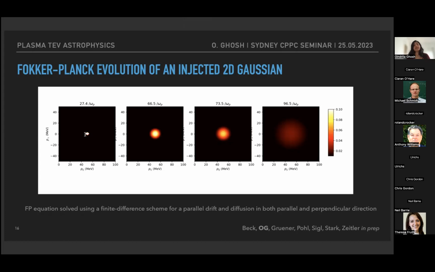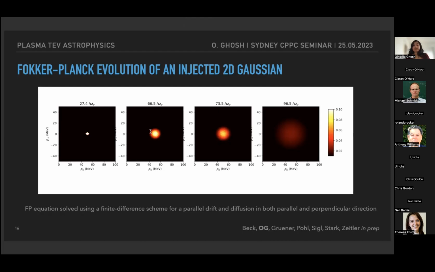So what we see with regards to the time evolution of this beam, this is the momentum space of the beam. So even if you start with a very small dispersion at injection, eventually the beam becomes broad, which is very clear here.